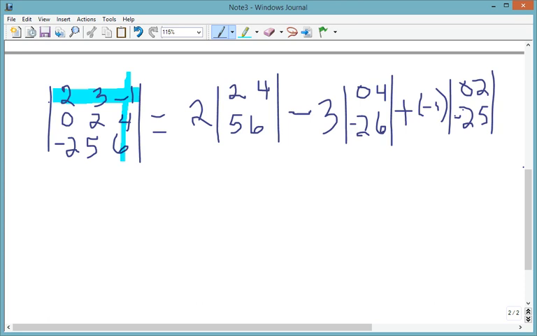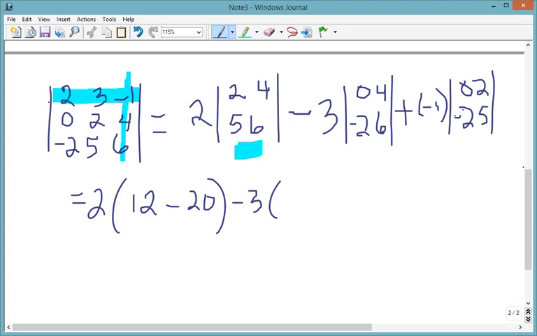All right, so now I have these 2 by 2 determinants, and those I know how to do, right? So the 2, and then the determinant of this one would be 2 times 6 is 12 minus 4 times 5 is 20.